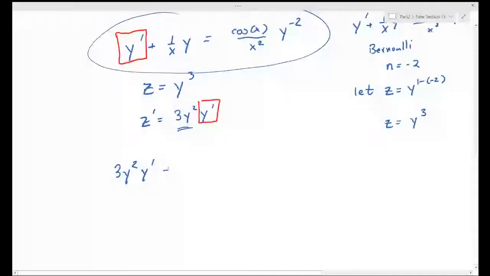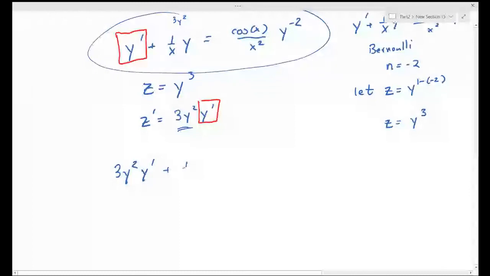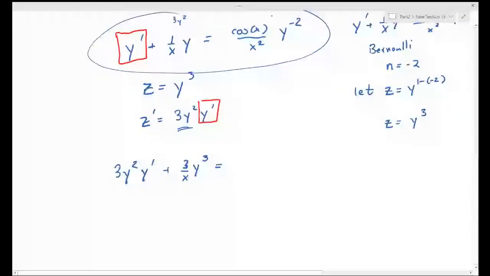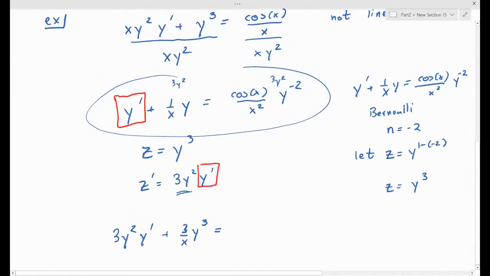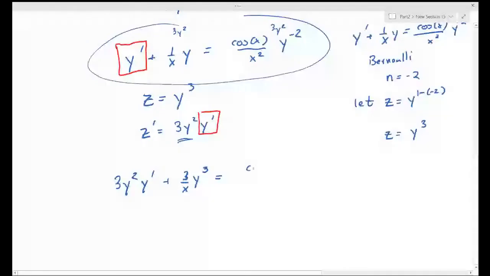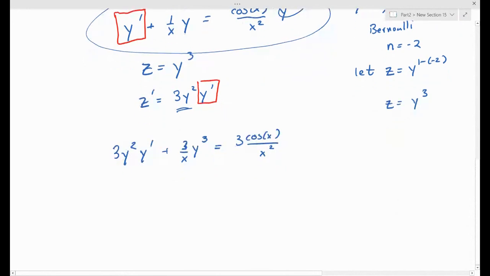So 3y squared times this business. And 3y squared, oh, you can't see that, can you? Yes, you can. Times that business. So the y squared times y to the negative 2, that's y to the 0, so that goes away.